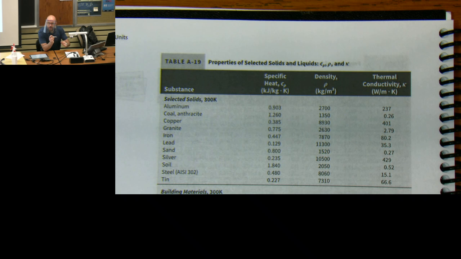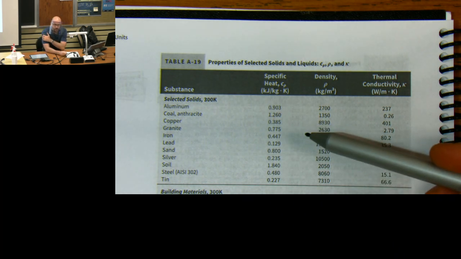If we were to do this perfectly correctly, we're assuming that the specific heat is constant over the range of temperatures that we're at. That's the assumption we make. But specific heat does change with temperature.